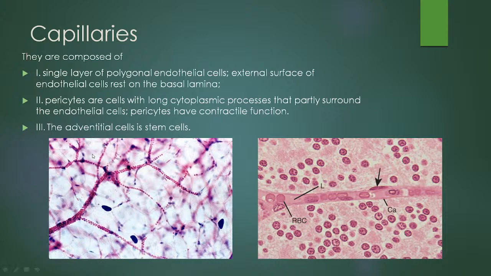On the first picture, you can see the diffuse network of capillaries. This is the capillaries network. Very thin lumen which can contain only one row of red blood cells, erythrocytes, or sometimes two rows.